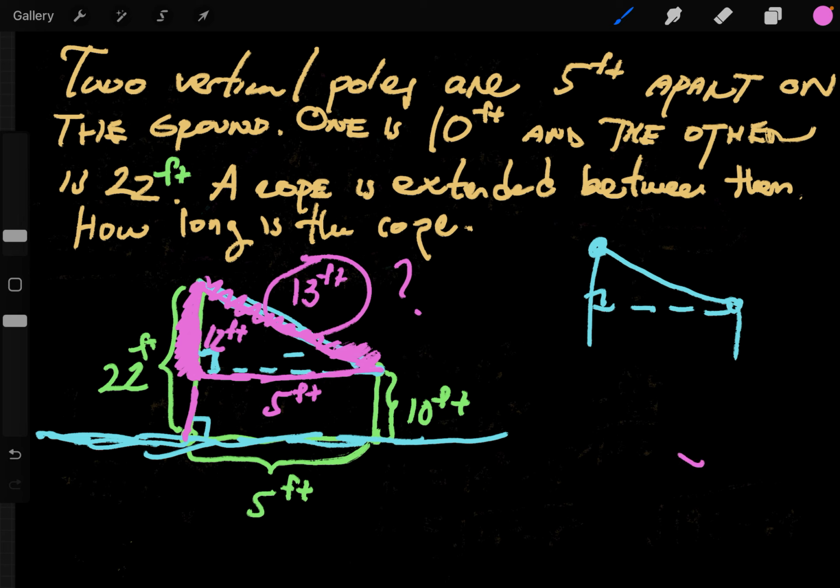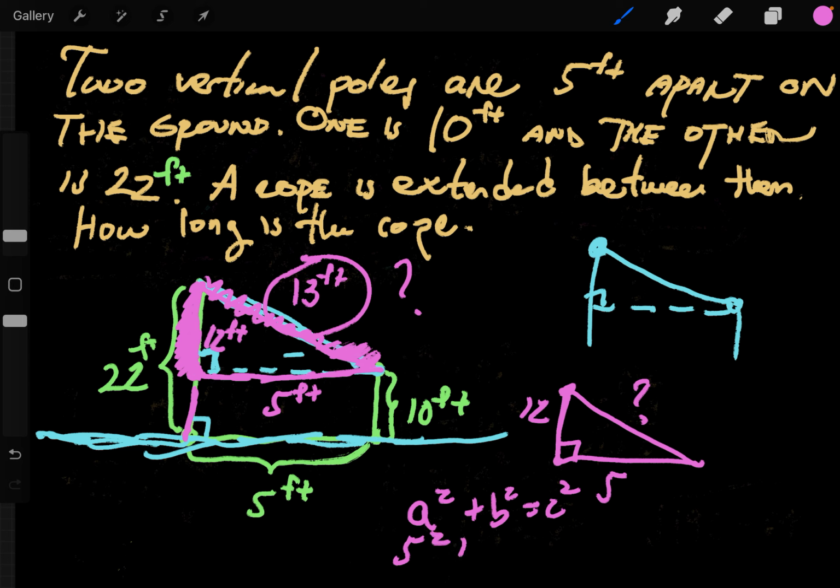So we have this triangle, and I'm looking for the hypotenuse in this right triangle. So this is 5, this is 12, and obviously it's not drawn to scale because this side is not shorter than the 5, but okay. Then we see that I'm looking for this side. That's the length of the rope. So it's a squared plus b squared equals c squared, and I have 5 squared plus 12 squared is equal to c squared.